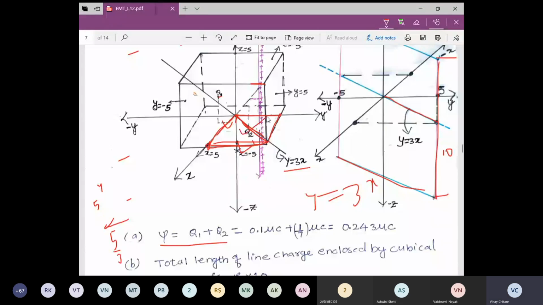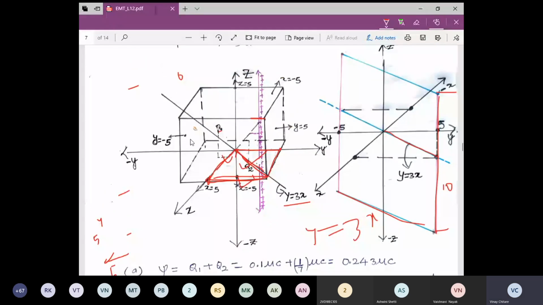Once I know the right portion of the length, I can also find this portion, which gives the total length. Once you know this length, you can multiply it with the height to find the total area which is really trapped inside this cubical surface.